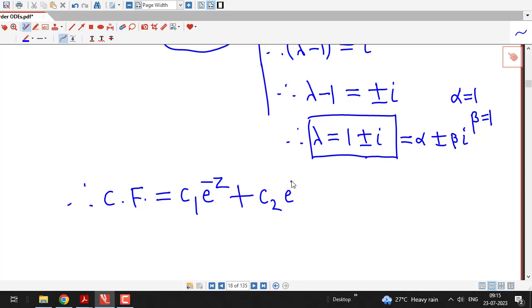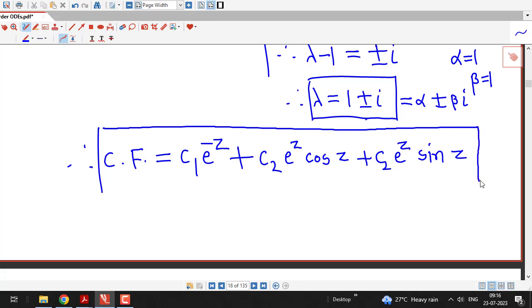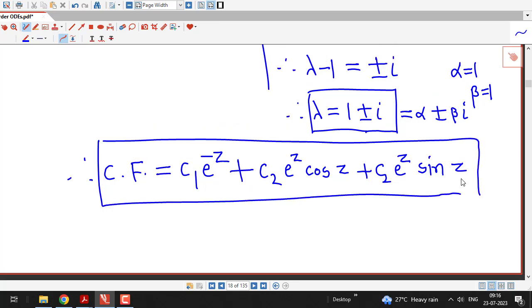Alpha is 1, that is e raised to z cos z, plus c2 e raised to alpha z sin beta z. Alpha and beta both are 1, so we have e raised to z cos z and e raised to z sin z corresponding to these complex roots, and this is the complementary function.